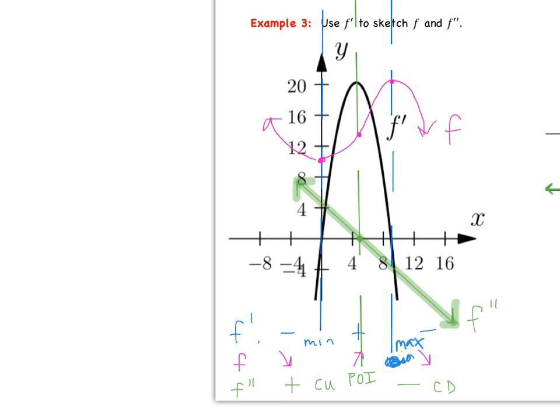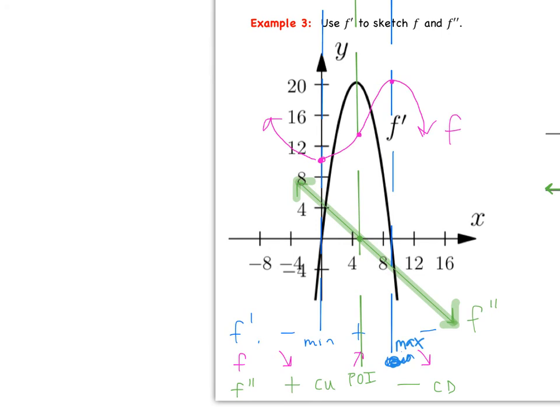Now let's talk about f double prime. How are we going to graph this? Well, again, what we should notice is f prime goes from increasing to decreasing. When f prime is increasing, that means f double prime is positive, and when f prime is decreasing, f double prime is negative.